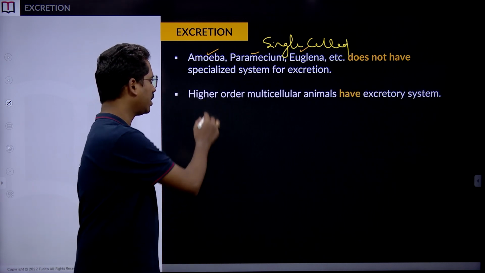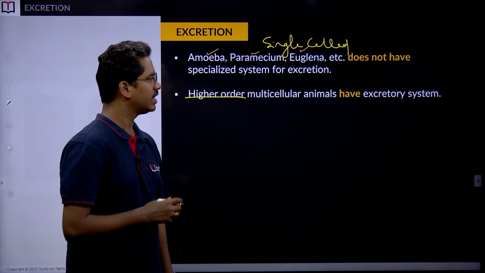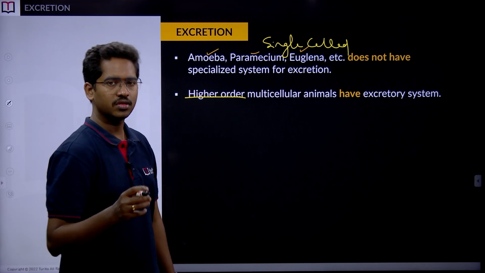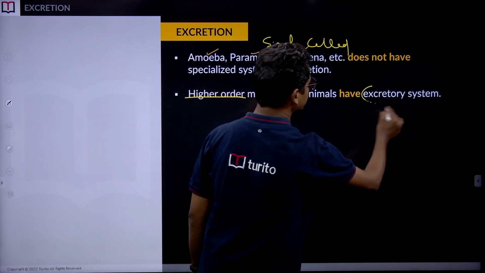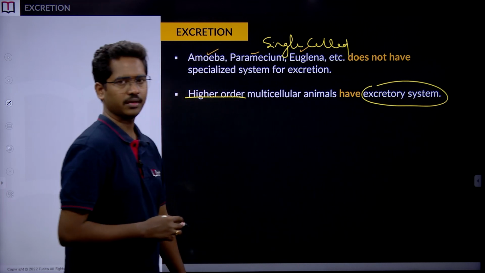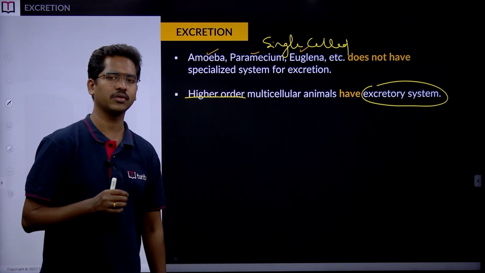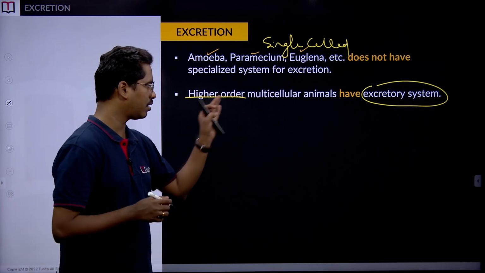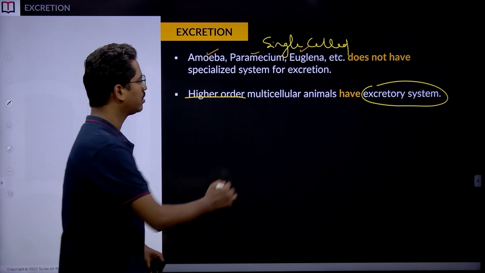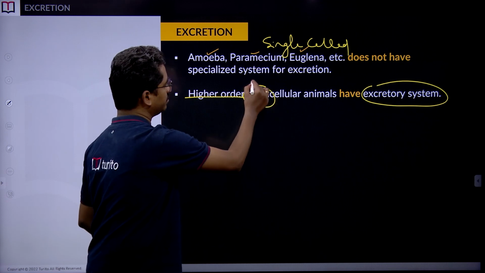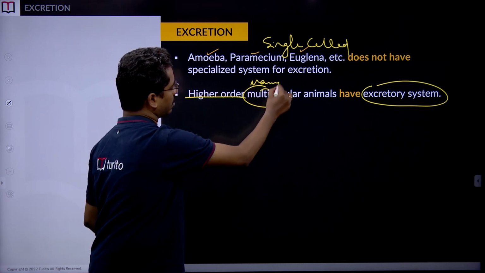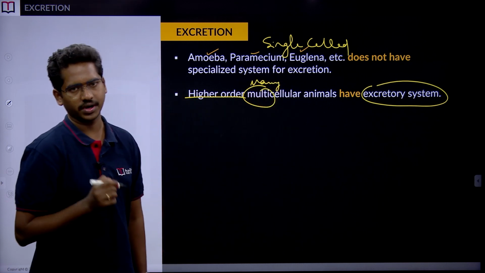When it comes to higher order multicellular organisms, they will have a specialized excretory system. They must have it because these animals are higher order, which means they have many cells in their body.